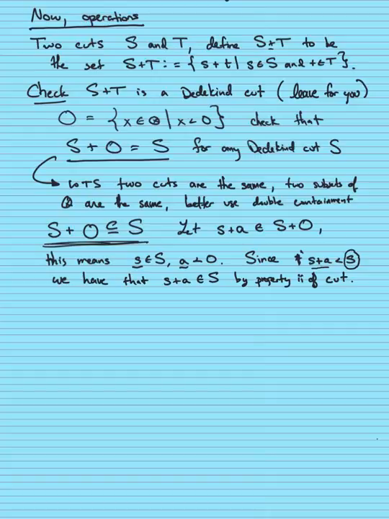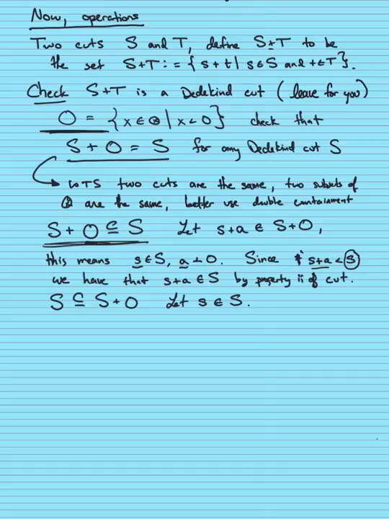real numbers. Okay, so to show the other way, that S is contained in S plus 0, we let s be in S. Now notice that the elements of 0 are all strictly less than 0. So if I take any element in this set 0 and add it to s, I'll have something strictly less. That seems like it might be an issue, because you're making everything smaller than the element you're interested in.